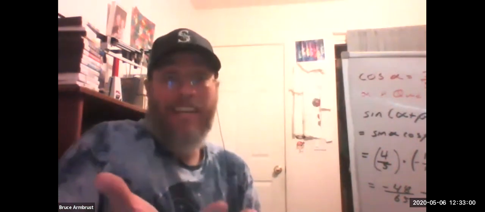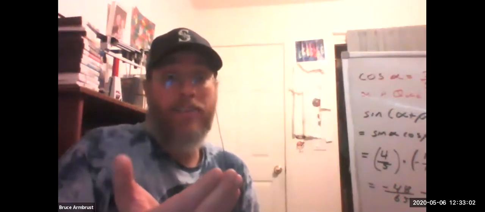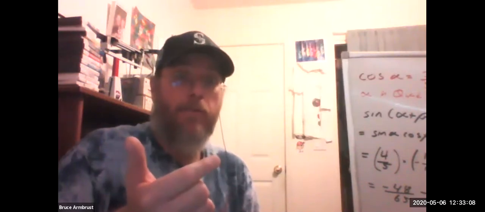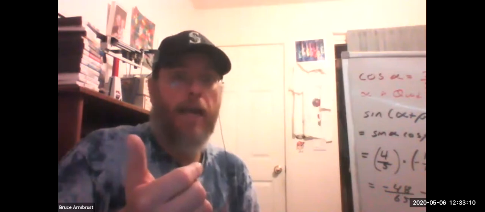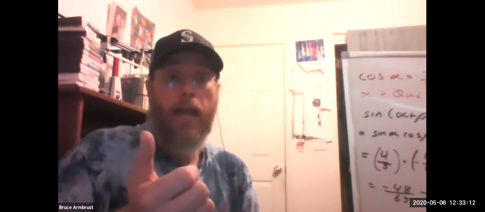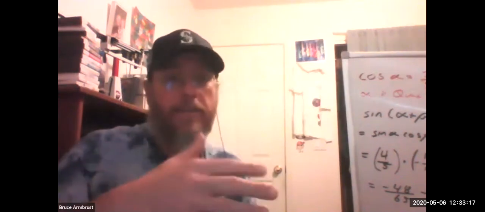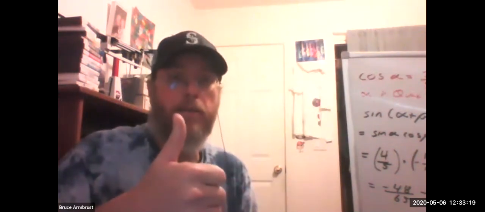because it's the nature of the beast. I mean, it's what these things are. And the better you understand those fundamental relationships, the easier trig gets by far. And I think it gets more beautiful too when you start realizing that we've got all this stuff, but it all stems from one place, right?